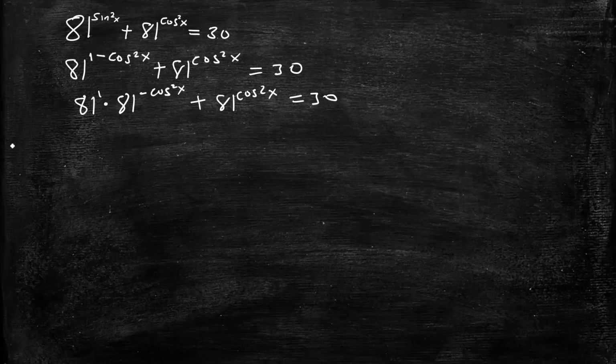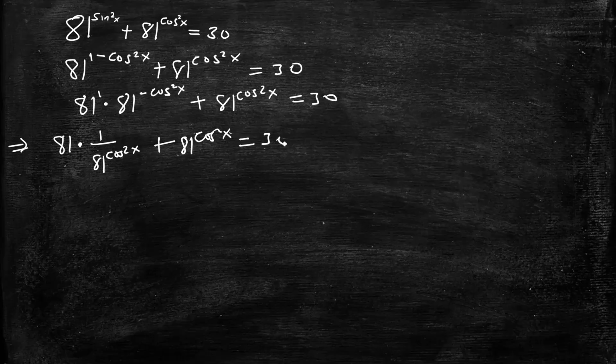So we can say 81 times 1 over 81 cos squared x, plus 81 exponent cos squared x, equals 30.